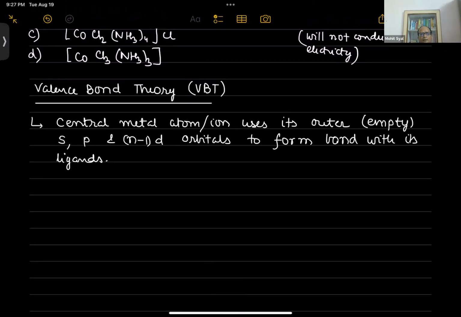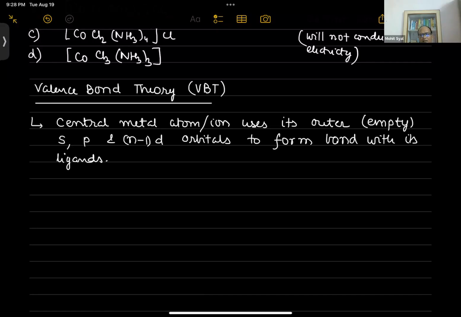Got it? The central metal atom or ion uses its outer empty S, P, and D orbitals to form bonds with its ligands.